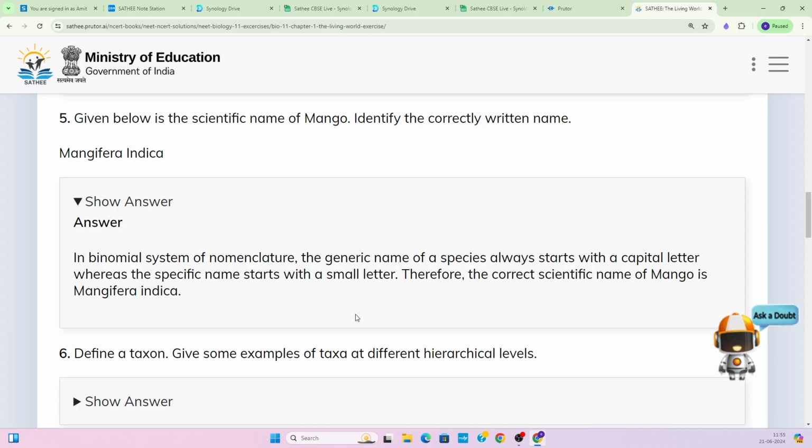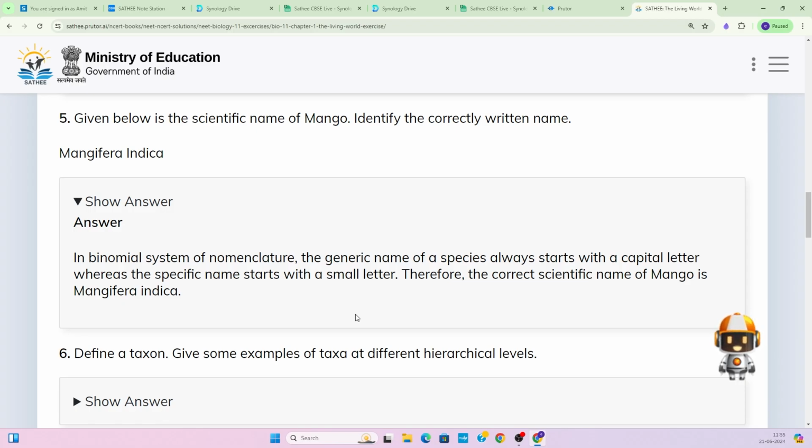That is called nomenclature. Here we have one type of nomenclature called binomial nomenclature, and it is the most accepted one. In the binomial system of nomenclature, the generic name of a species always starts with a capital letter. Very, very important point.